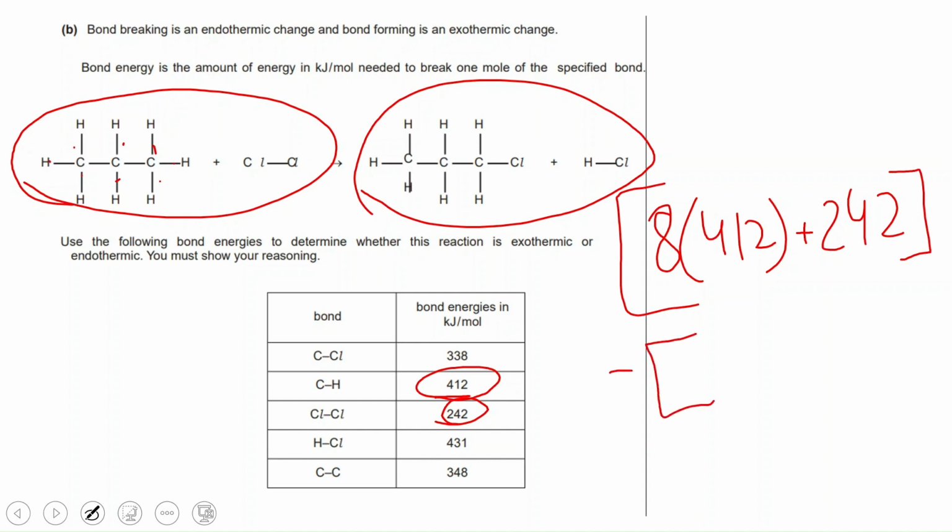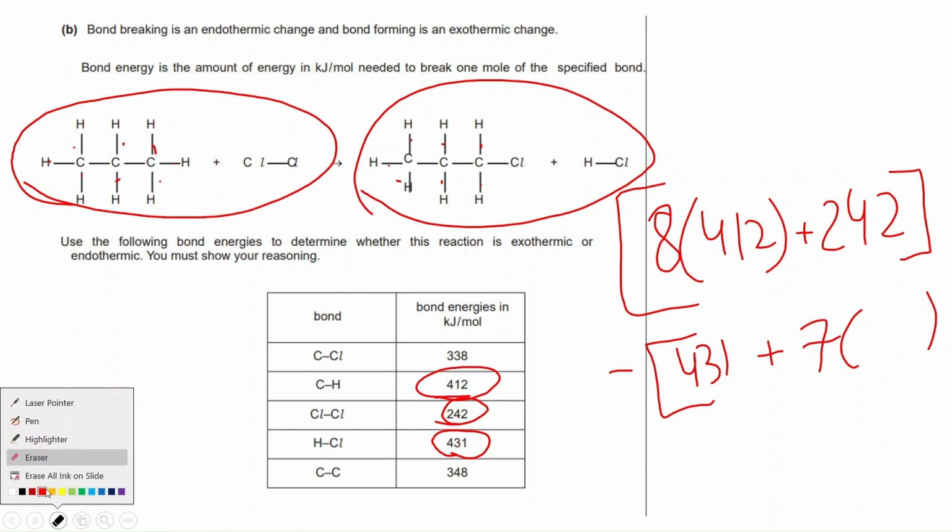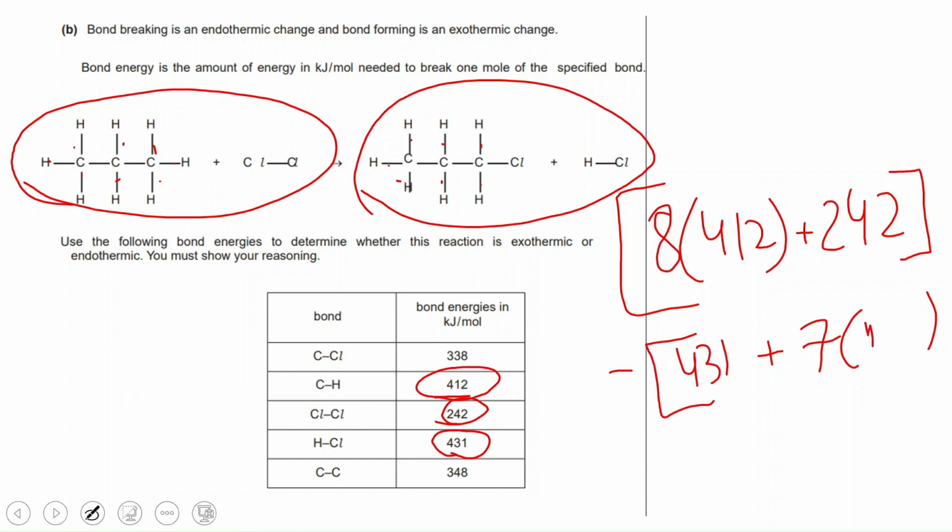And from that, we subtract the HCl bond, which is over here 431, plus the bond over here, which is going to be 1, 2, 3, 4, 5, 6, 7 CH bonds. Sorry, CH bond is 412. So that is something you need to make sure that you don't mess up. So that is 412 plus the CCl bond, which is over here 338.